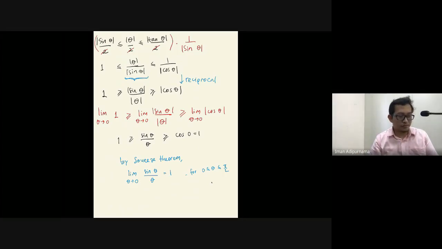So you can have at least two methods for sine x over x equals 1. Personally, I prefer the area one because I can see the area. But if you prefer the first one, that's also fine.